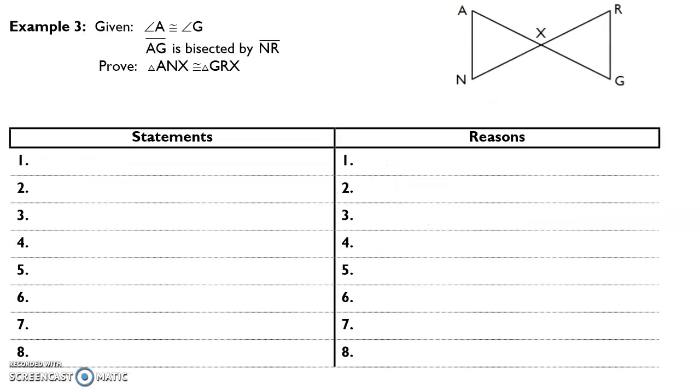All right, and the last one today, angle A, I mark my diagram, is congruent to angle G, and segment AG is bisected by segment NR. So AG is getting cut in half. That means this segment's congruent to this segment.